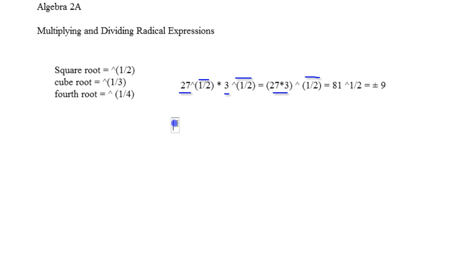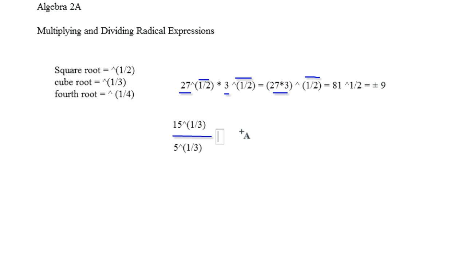All right. Now, what if we were dividing? Let's say we had 15 to the, excuse me, 1/3, and then we divide that by 5 to the 1/3, and you're probably sitting there going, oh my gosh, cube roots, I'm so scared.